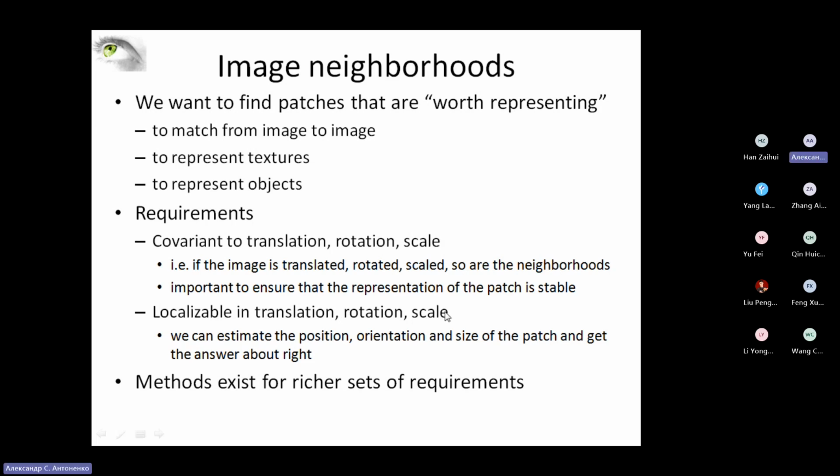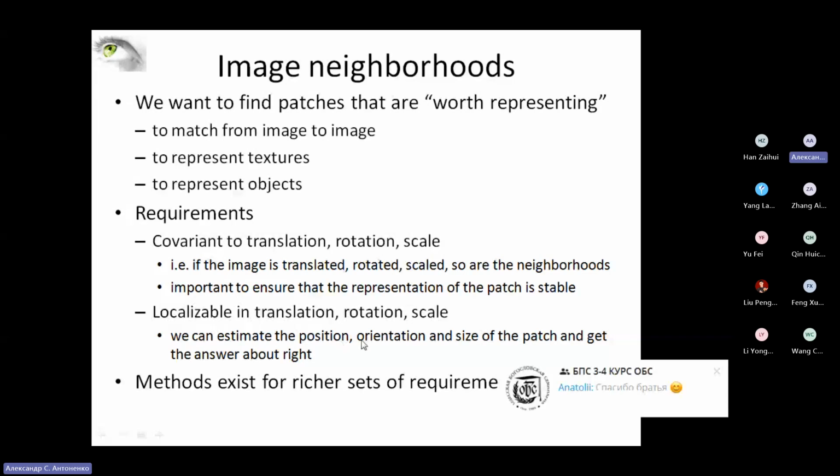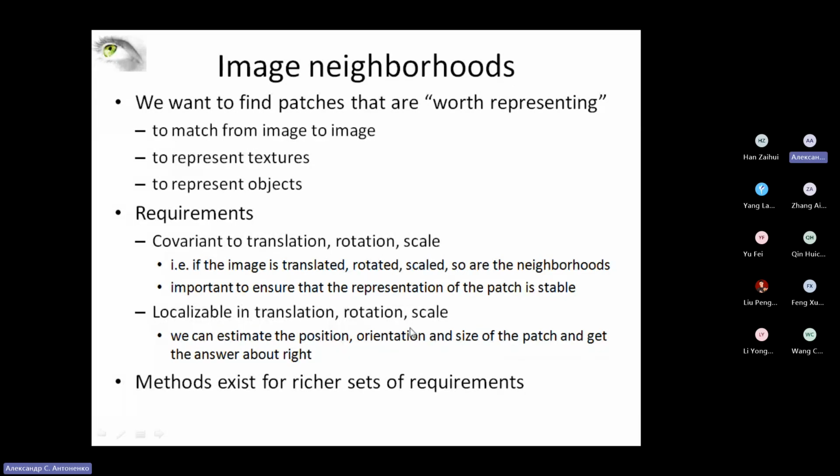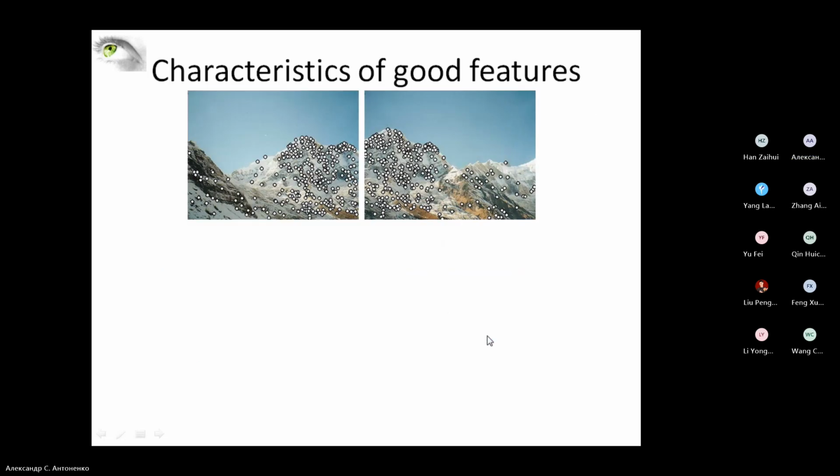And it should be localizable, so we can estimate its position, its orientation and the size of the patch. We also discussed this problem when we stitch a panorama, when we have two similar objects. We need to find good features and find matches between them.